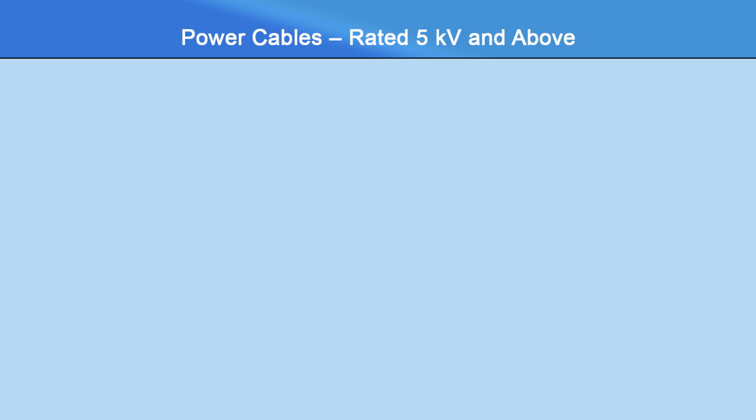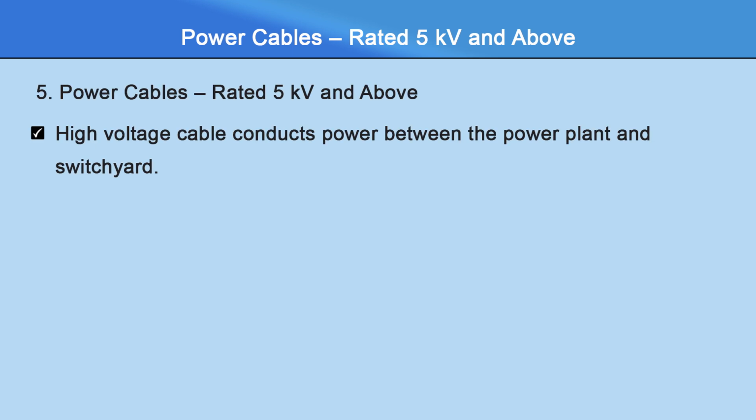Now the next equipment is power cable of the rating 5 kilovolt and above. High voltage cable conducts power between the power plant and switchyard. The cable may be solid dielectric or oil filled. In the case of critical circuits, periodic maintenance tests are justified during the life of the cable to determine whether or not there has been significant insulation deterioration due to operational or environmental conditions.